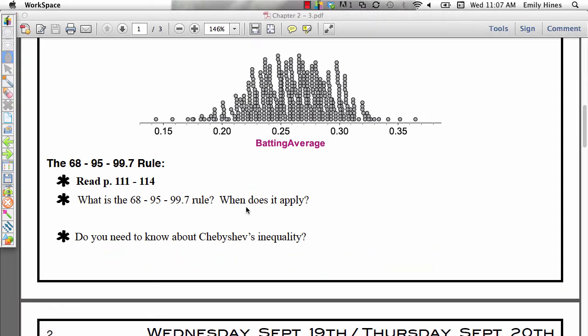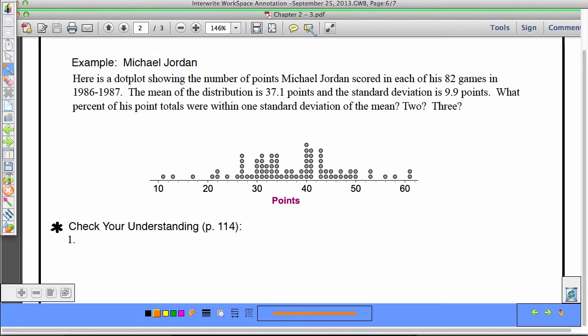Okay, so now, once we know that our data is normal, let's look at this dot plot of the number of points Michael Jordan scored at each of his 82 games in the 1986 to 1987 season. If I draw a density curve over this, I can see that it is unimodal and symmetric, so it has the possibility of being normal, and I can investigate it to see if it meets my 68, 95, 99.7 rule.